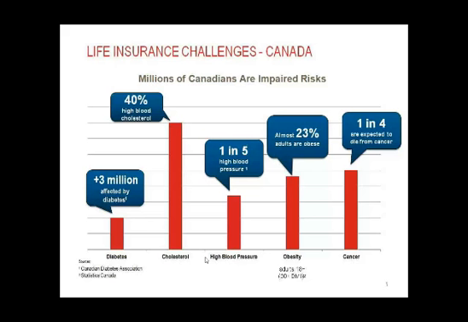So simplified issue is kind of a hybrid between your fully medical underwritten products and your guaranteed issue products. When you look at a guaranteed issue product, this is kind of an example of what a health disclaimer looks like. So usually when somebody buys a product like this, they don't really read the fine print.